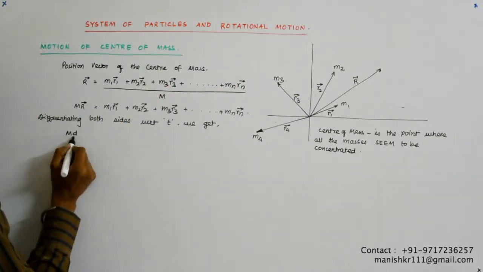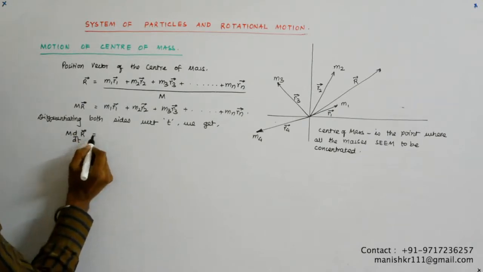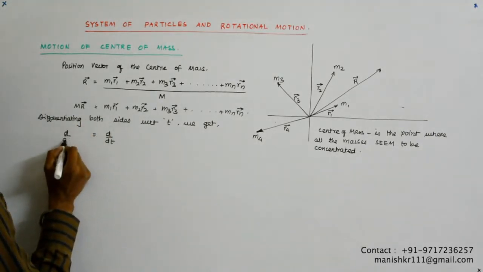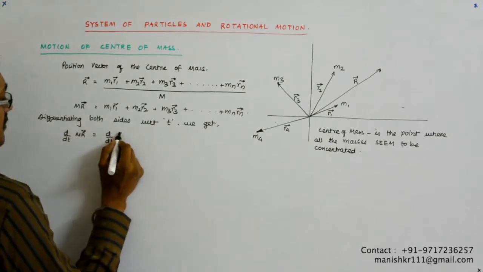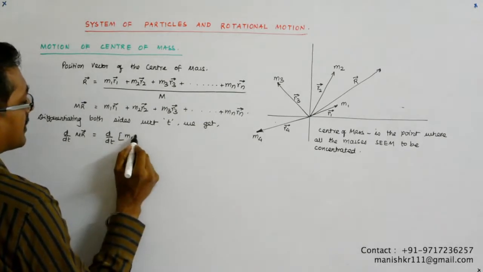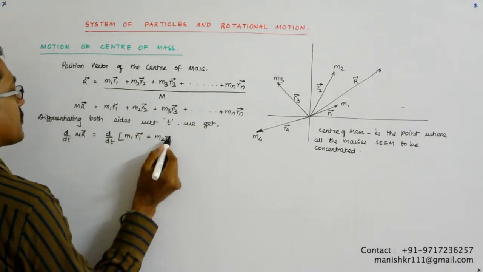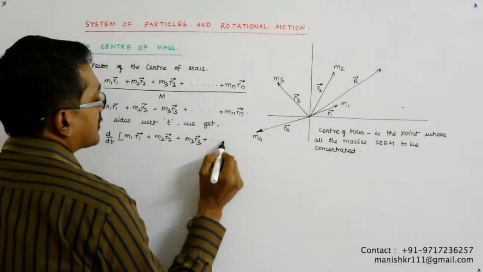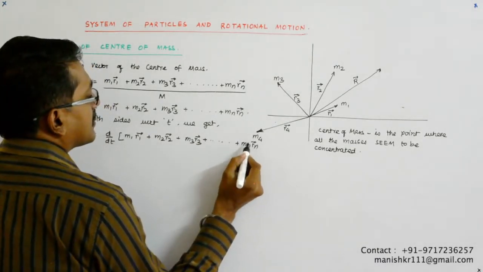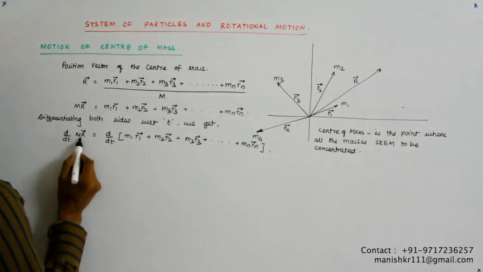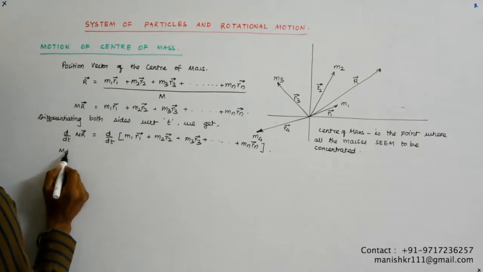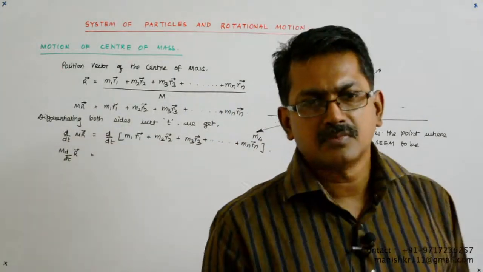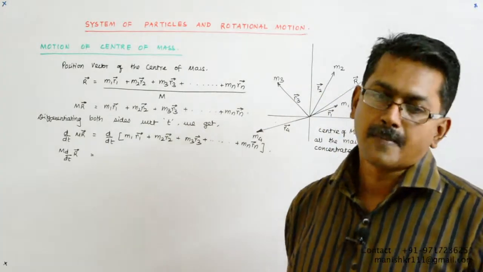M into d/dt of R is equal to d/dt of m1 r1 plus m2 r2 plus m3 r3 plus mn rn. Whenever there is a constant, that comes out of the derivative, and the derivative of a sum equals the sum of the derivatives.